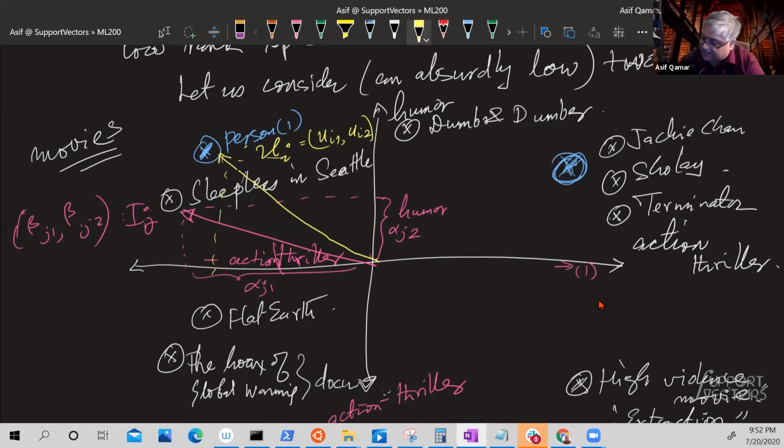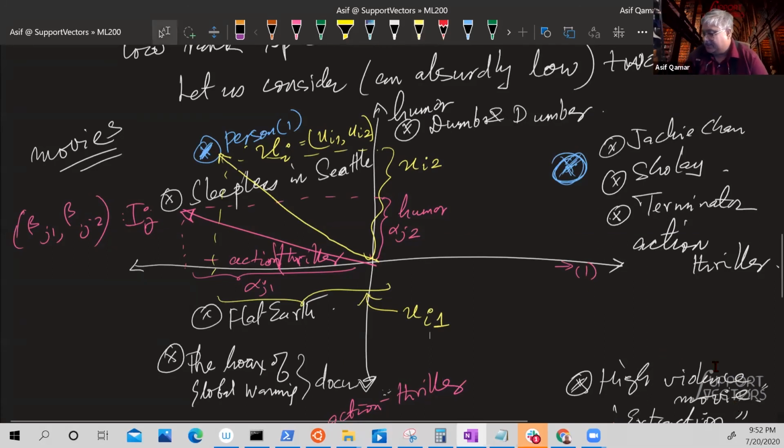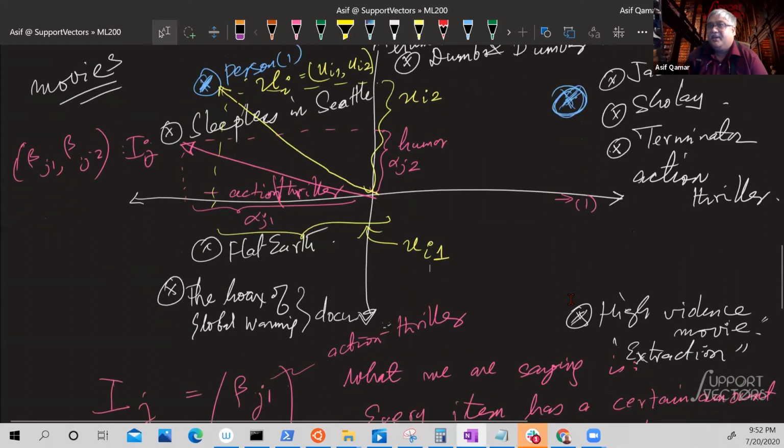This is user I2, and how much is this? This is user I1, the x-axis, right? Both, in this particular case, are in the negative direction.